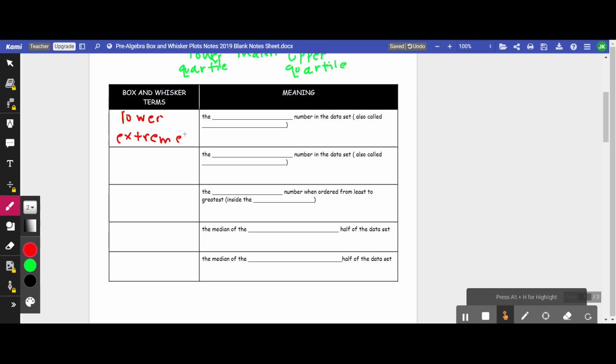Like you learned last week, this will be the smallest number in your data set, and sometimes this will be called your minimum.